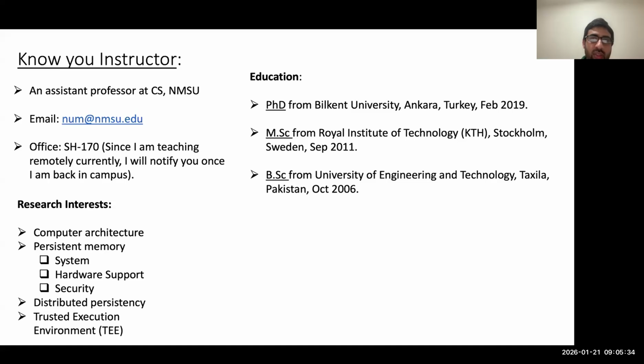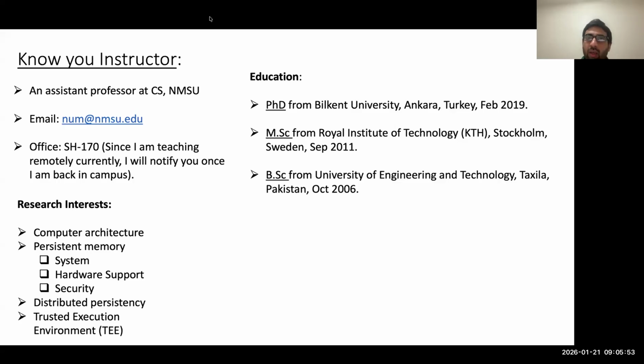Then a relatively new concept related to storing persistent data on distributed memory in a reliable way, which is known as distributed persistency. That is also an area in which I am currently working.